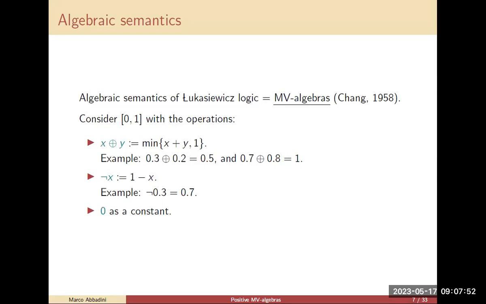For example, 0.3 plus 0.2 is 0.5, but for 0.7 plus 0.8, since the usual sum would be 1.5, we take just 1, the minimum. And we have the negation defined by 1 minus x, so not 0.3 is 0.7, and we take 0 as a constant. And this is the main example of an MV-algebra, the leading example.